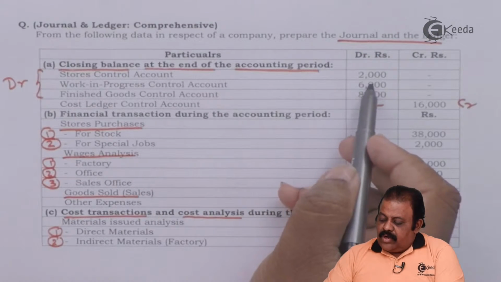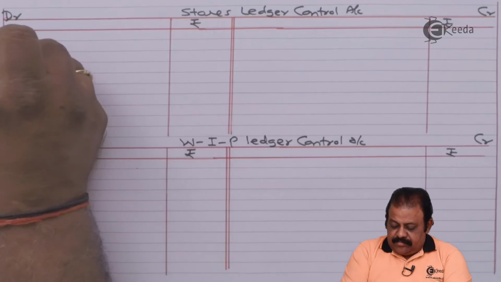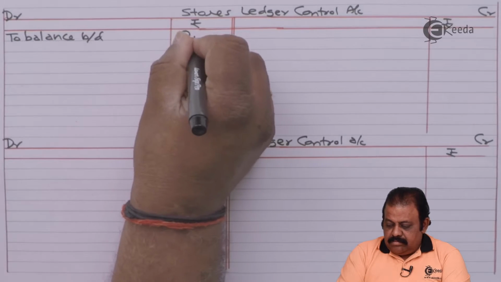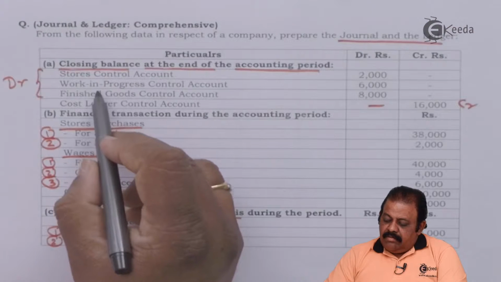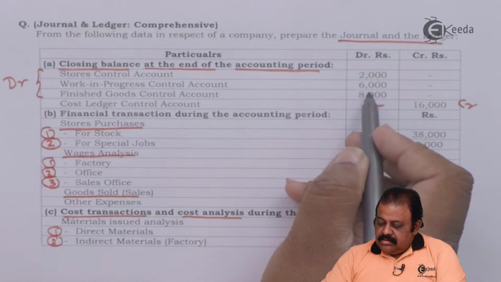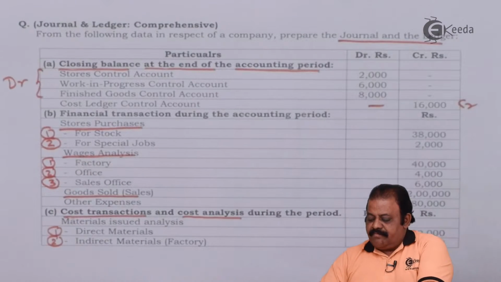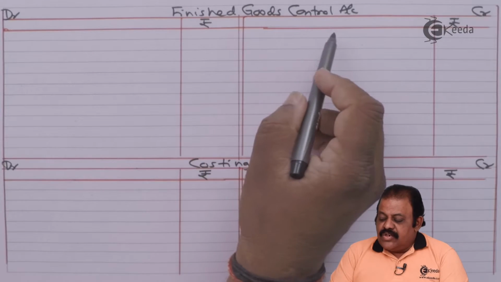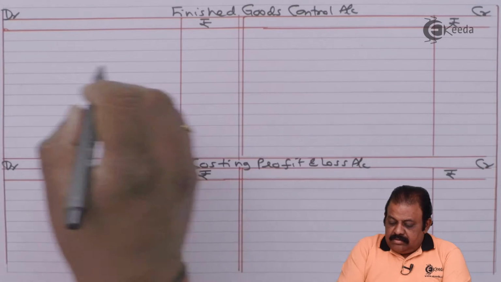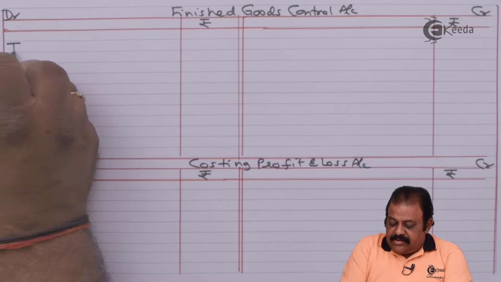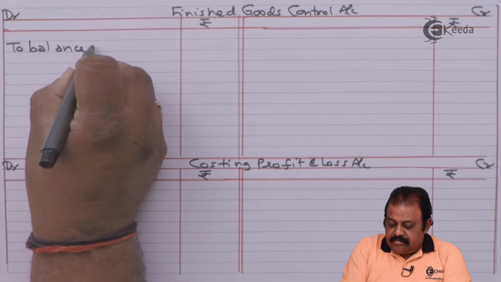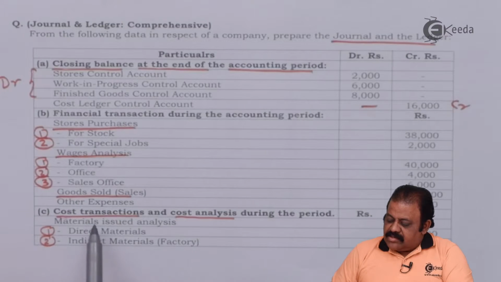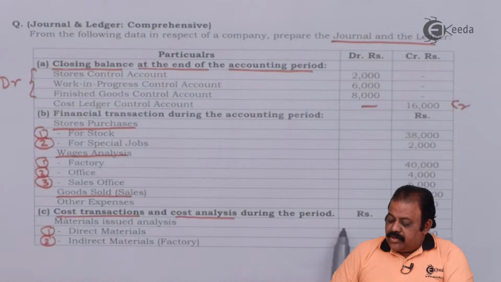Store ledger 2000, debit balance. Work in progress, debit opening balance 6000. Finished goods control account, opening debit balance 8,000. Cost transaction and cost analysis during the period.